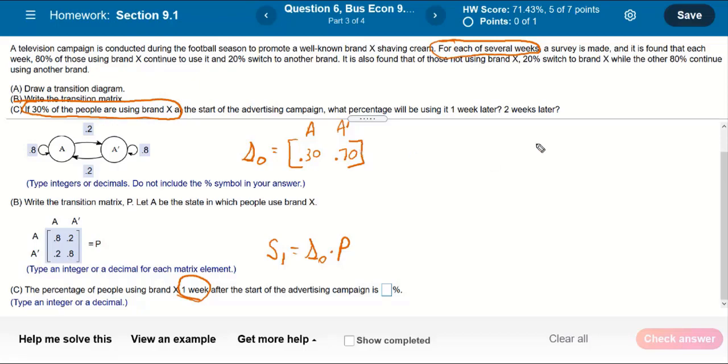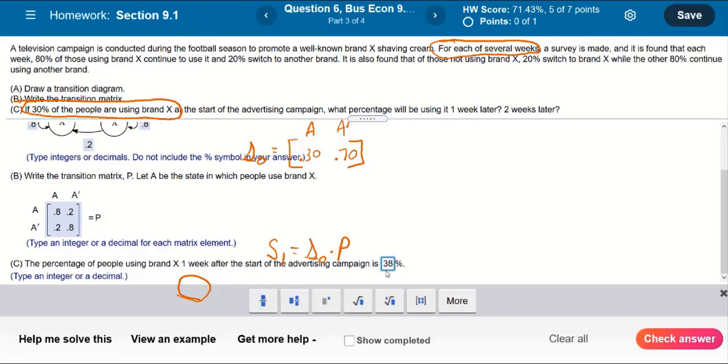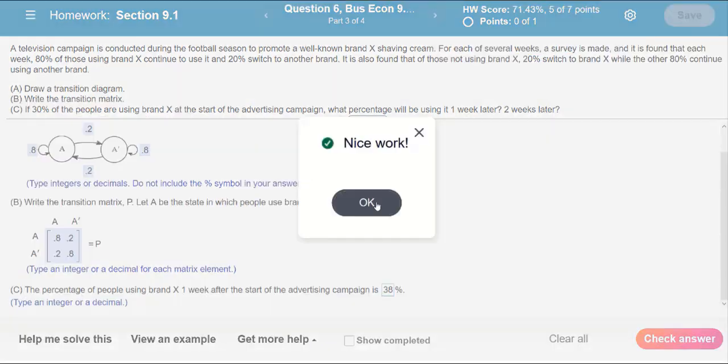So we'll enter those into our calculator and find the first state as we did in previous problems. So the first state then, meaning 1 week later, would be matrix A times matrix B, or 0.38 and 0.62. The percent of people using brand X would be the first number, which would be 38%.